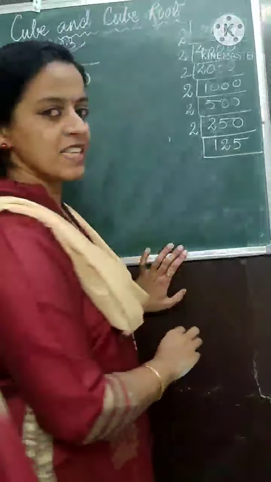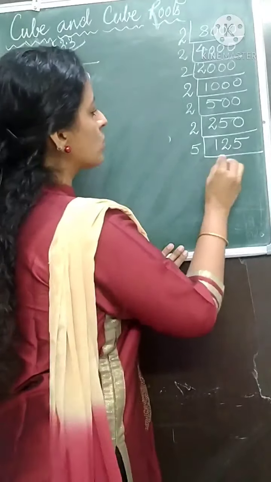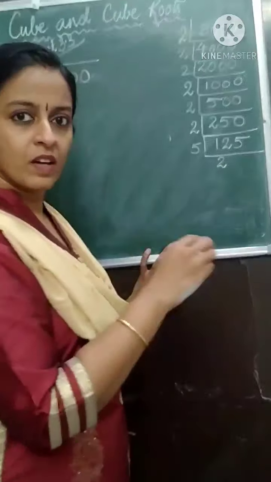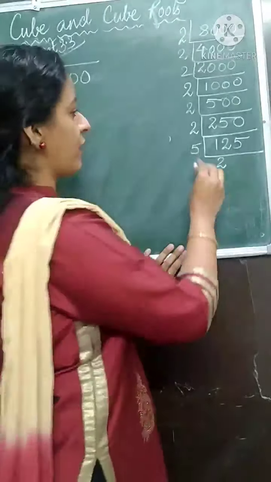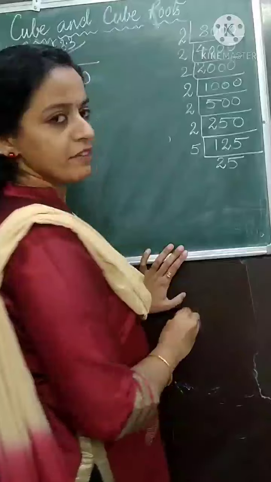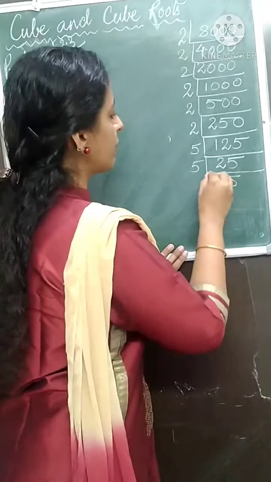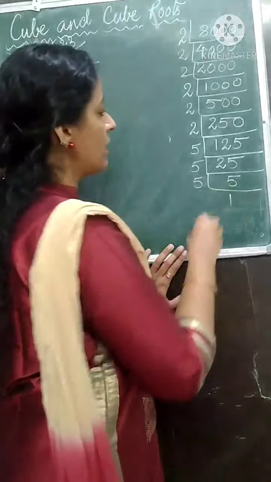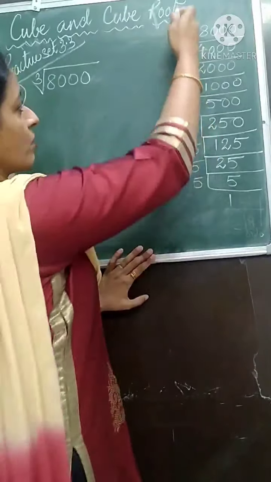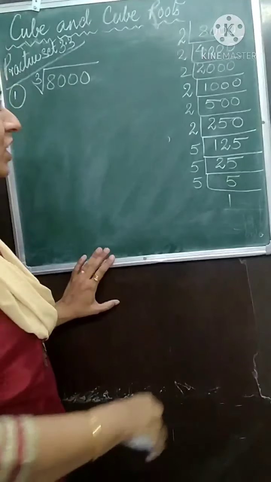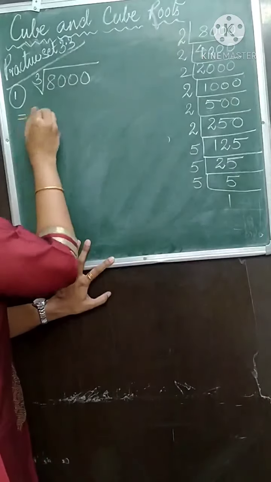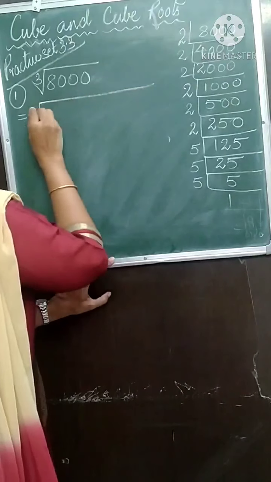Divide by 5 and see. 5 twos are 10. 2 remainder, 25. 5 fives are 25. Again divide by 5. 5 fives are 25. 5 ones are 5. Okay, so this way you did the factorization. Now we will copy the cube root sign.